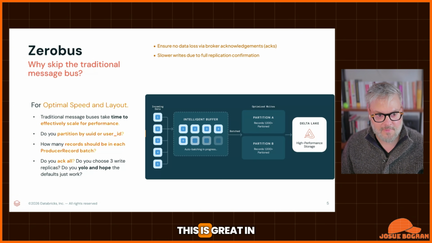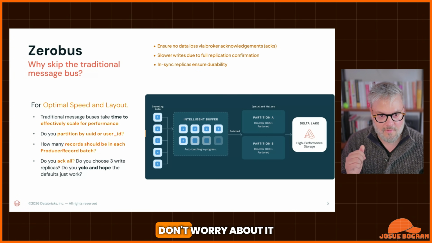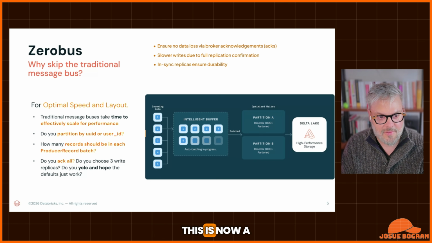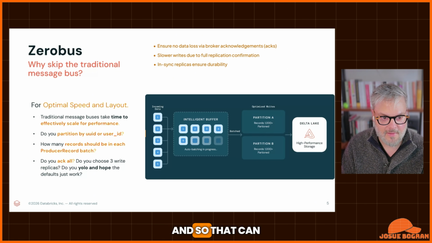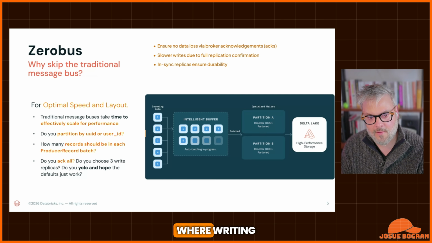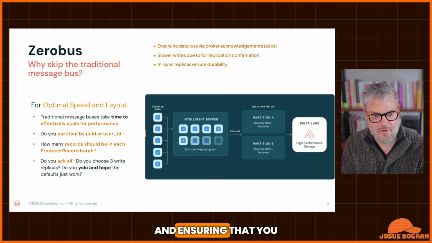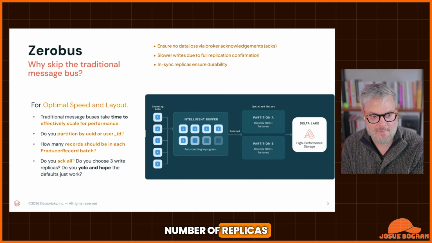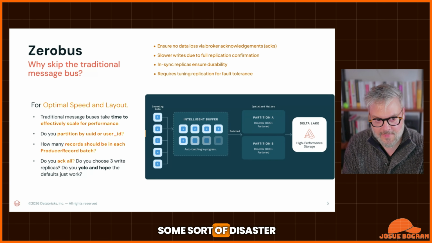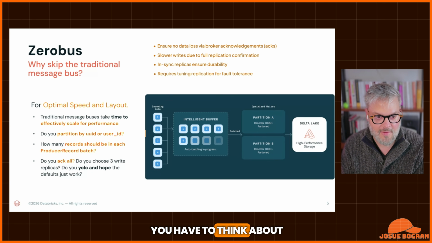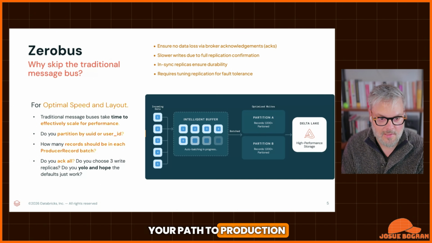I'm all good to go. In-sync replicas have this. Don't worry about it. This is now a durable write. And so ensuring that you have the correct number of replicas, just in case there's some sort of disaster, ends up being something that you have to think about on your path to production.